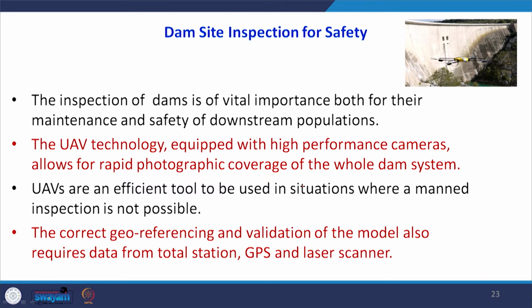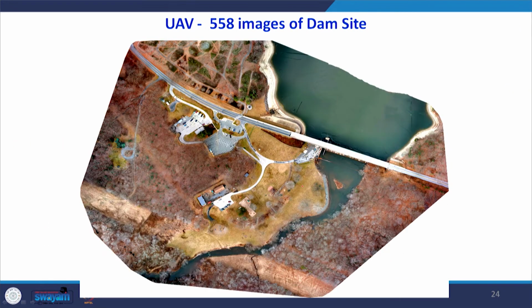UAV images are sent to the dam site area, and then the administrators and engineers can analyze those images and see if there is any danger to the dam site. These are very, very useful tools, for example, if there is deformation or if the dam is sinking. One can observe them minutely and find out very easily.